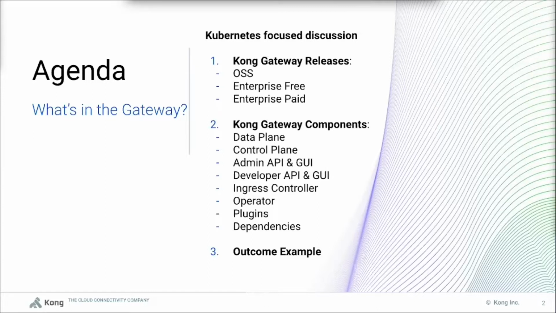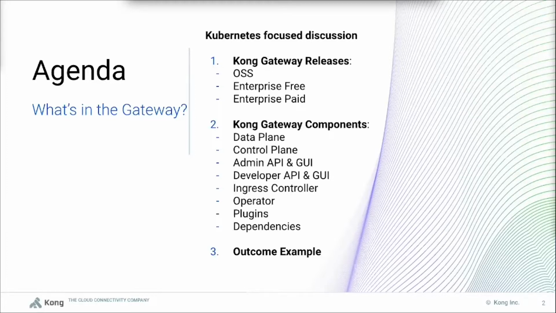The enterprise free and enterprise paid are different. If you use the enterprise product, that is the proprietary compiled Kong product, the enterprise free will be quickly observably different with the addition of a read-only web UI.